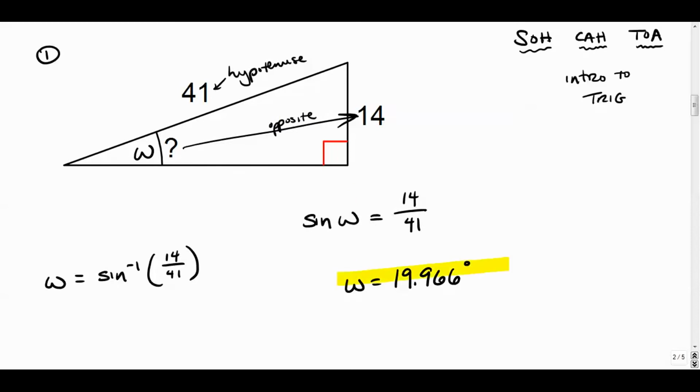In my class, we always round to the third decimal, so that's how I'll leave it. If I were to go backwards, the regular sine of 19.966 should give me 14 divided by 41.